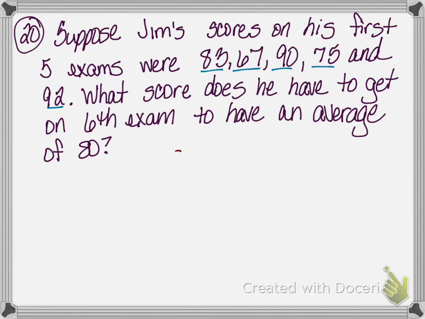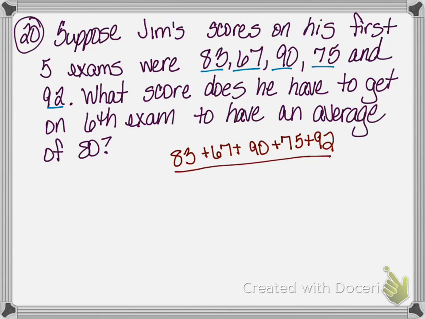Now, if I added all those scores up, so I have 83 plus 67 plus 90 plus 75 plus 92, okay? Those are 5 scores. If I wanted to know what his average was today, I would add up those 5 scores and I would divide by 5.